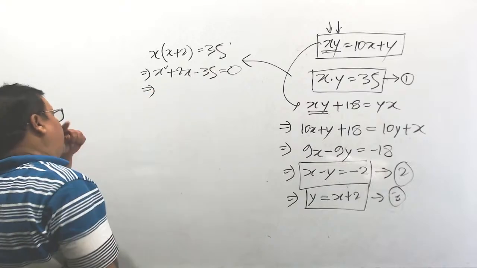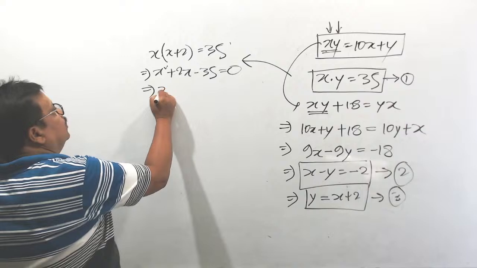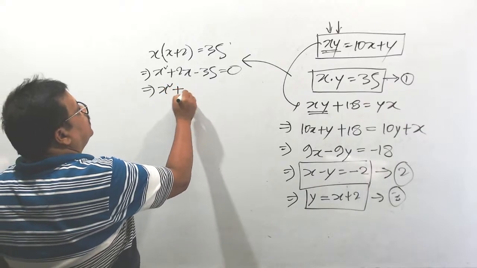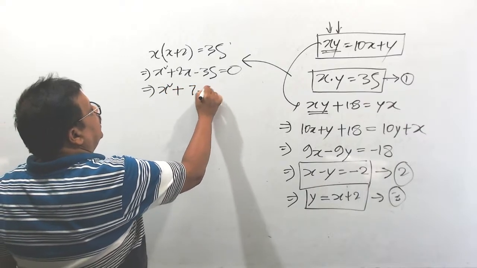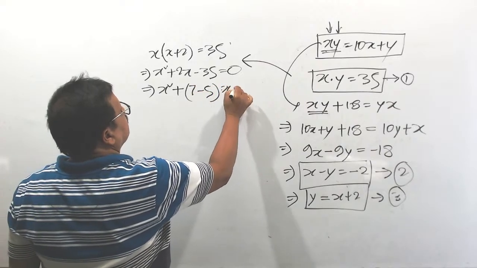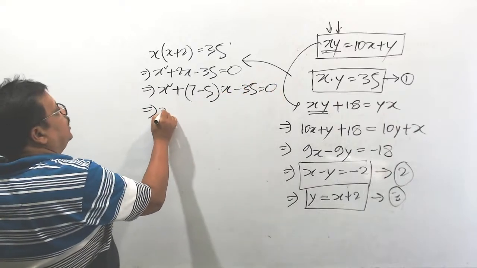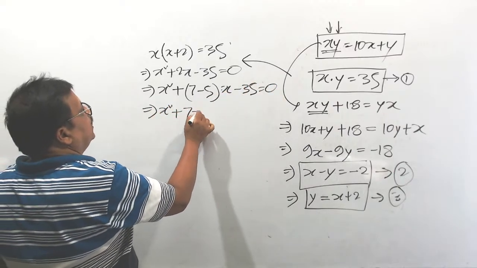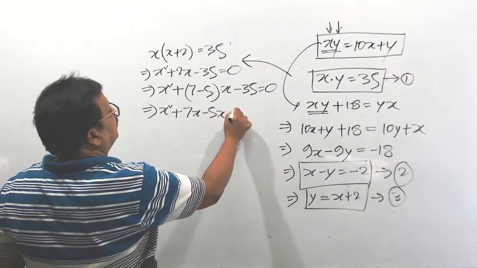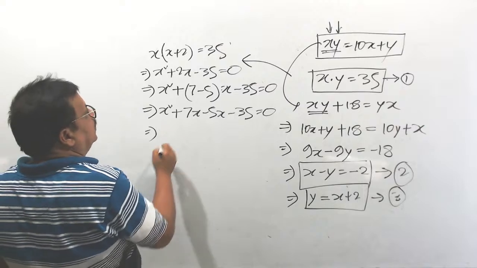This implies you have to break the 2 into 7 minus 5. Five sevens are 35. So x square plus 7x minus 5x minus 35 equals 0.